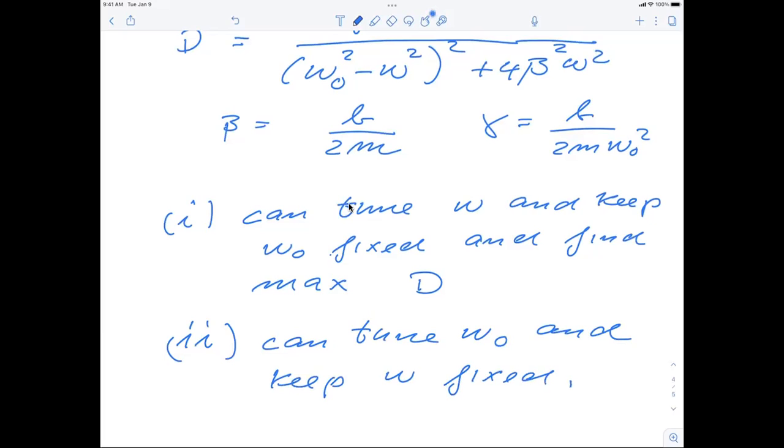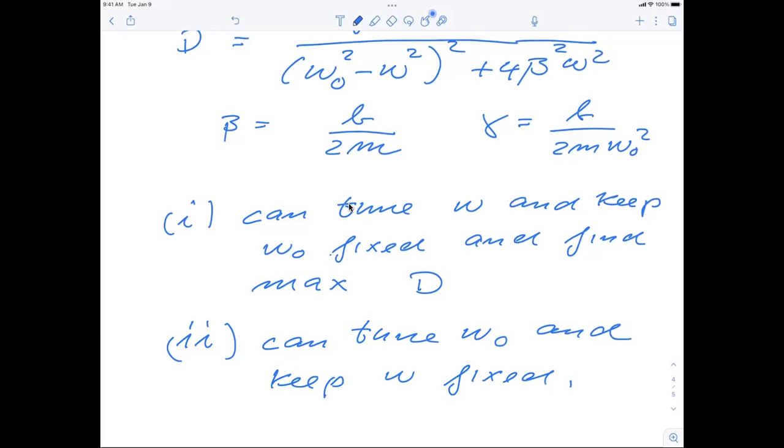Now, if you think of the harmonic oscillator, the system which we have been studying, if you were to run an experiment, which one of these quantities would be natural to tune? Would it be omega 0 or omega? Yeah? Omega, because if you want to tune omega 0, then you have to physically change your setup.